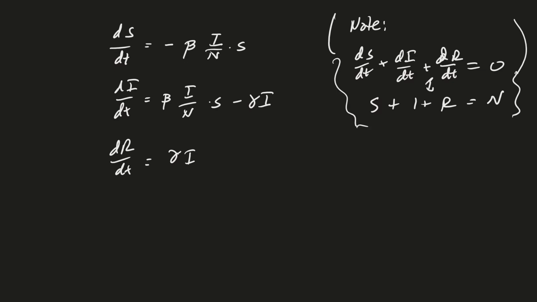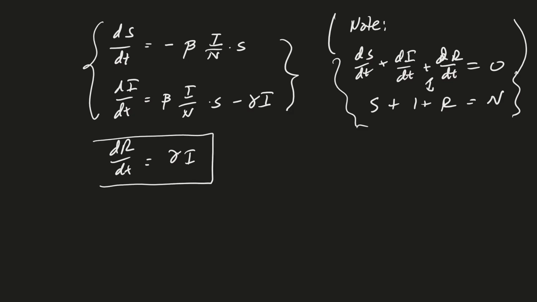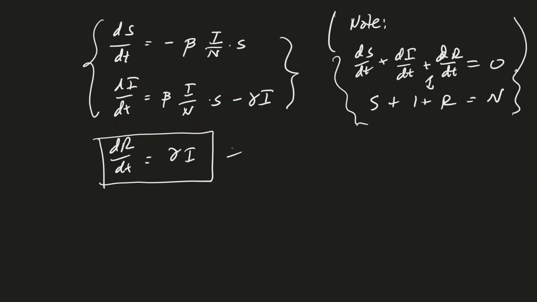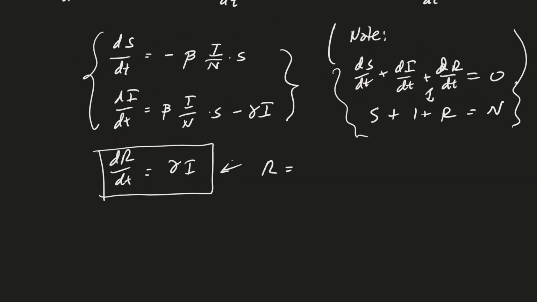And actually, when you see this, if you're able to solve for S and I using these top two equations, then the R is actually redundant, right? Because if I know what S and I are, then I can just write that R is equal to N minus S minus I. Right? And so I don't really need all three equations.